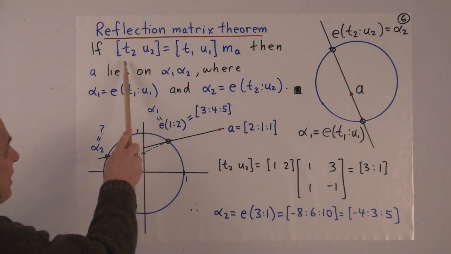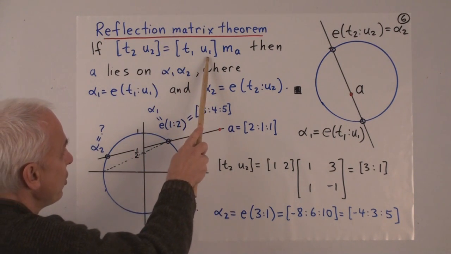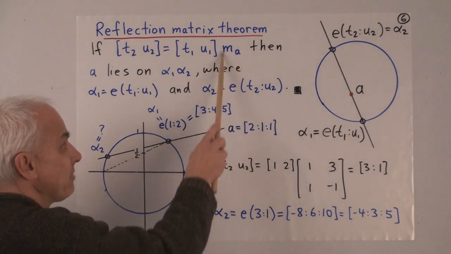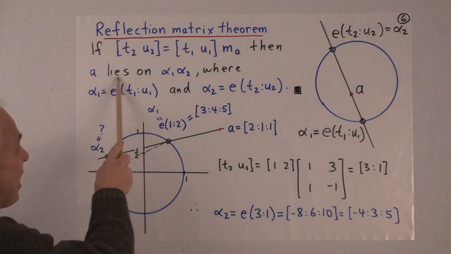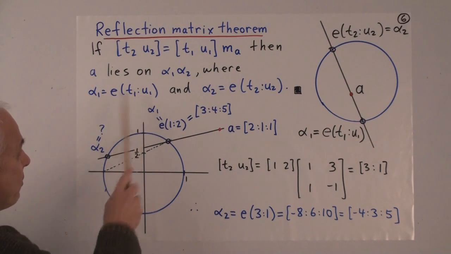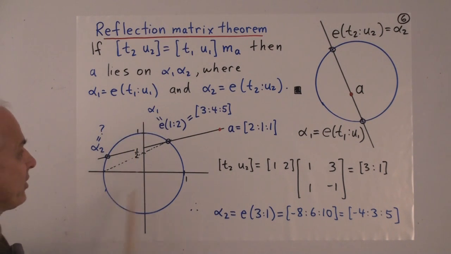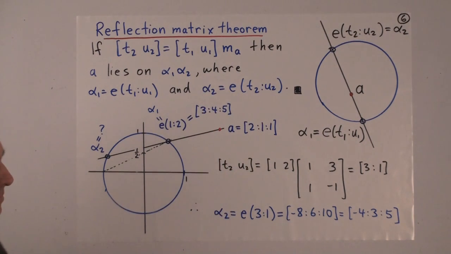So if T2U2, that projective vector, equals T1U1, that projective vector, times that matrix M sub A that we just defined, then A lies on alpha 1, alpha 2, where alpha 1 is E of T1 to U1, the corresponding null point, alpha 2 is E of T2U2, the corresponding null point.